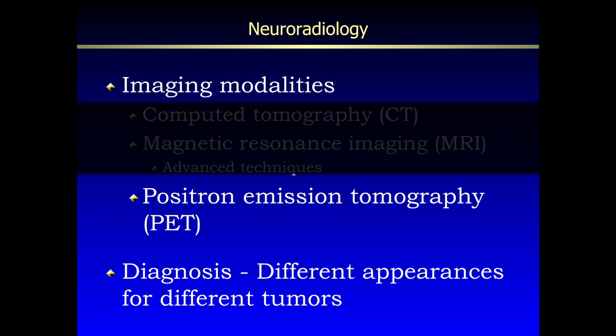What I do, in terms of diagnosis, is take different appearances, because different tumors can have different appearances, and I try to give my best guess as to what kind of tumor this is. And then my best guess will lead the neurosurgeon to a certain type of approach, for example. Just recently there was a patient that came in with a mass in the fourth ventricle.